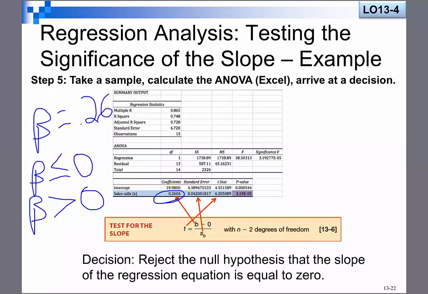The alternate would be the one that's greater than 0. Right, the alternate hypothesis, okay? This number here reflects what we actually have received in our summary output, because 0.26 is greater than 0.